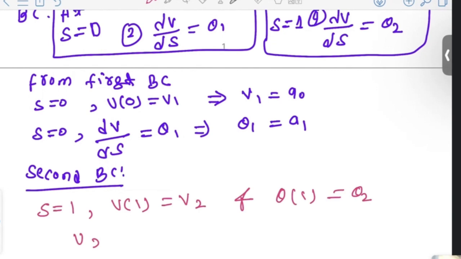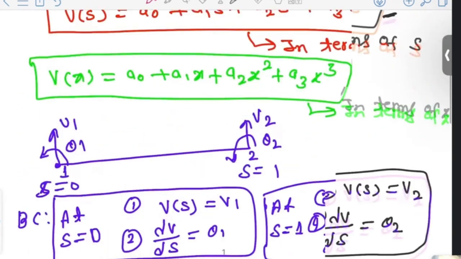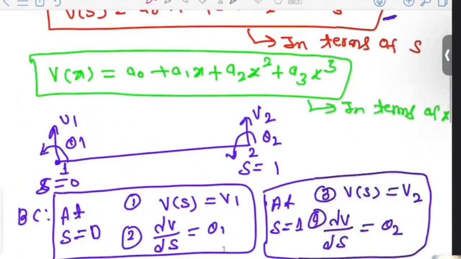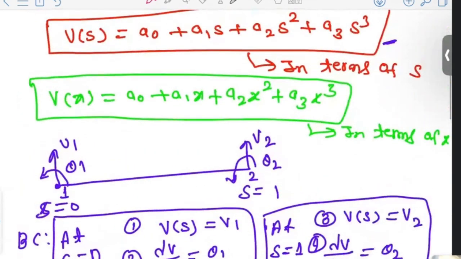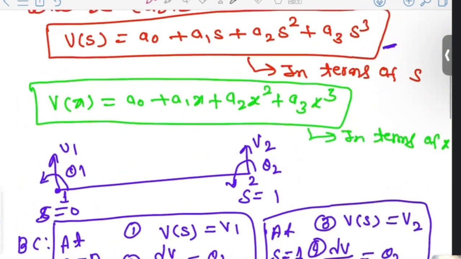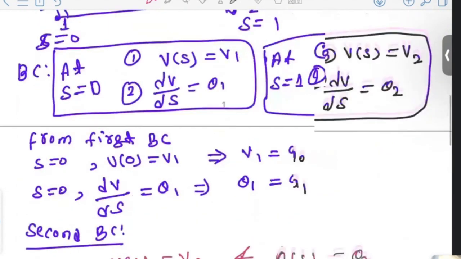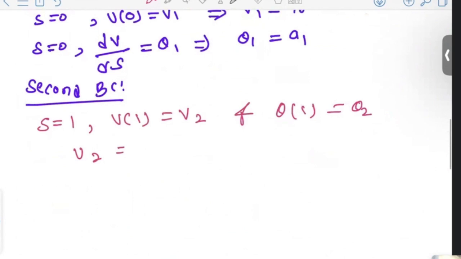B2 equal to A naught plus A1 plus A2 plus A3, at 1.